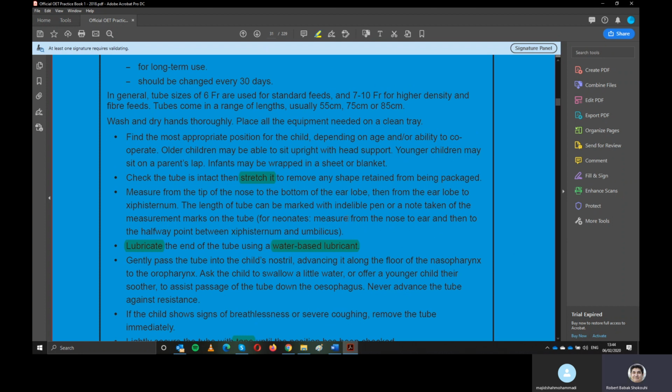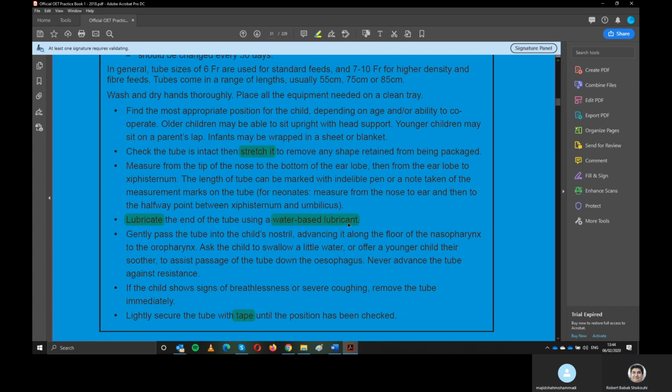Standard feeds, where is that? Line 3. The first line here. Tube sizes of 6 are used for standard feeds, 7 for high density.